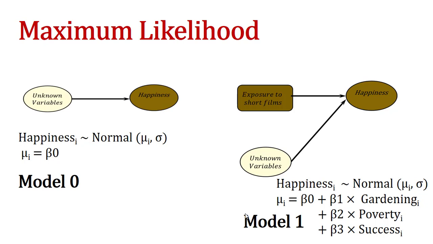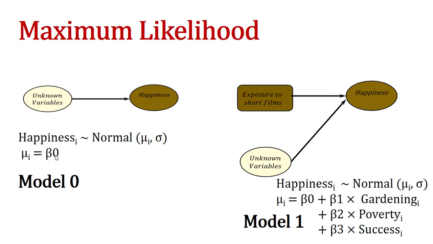So for each happiness value there will be a prediction mu i, and in maximum likelihood we are going to determine how likely it is to obtain that happiness value in a normal distribution with mean mu i and some sigma.